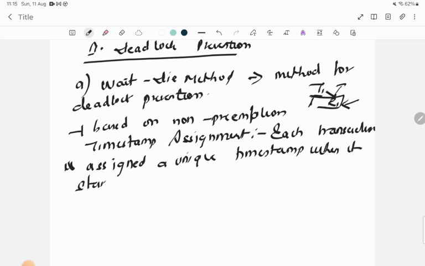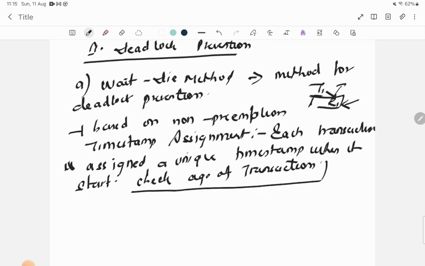Whenever a transaction starts, we assign a time to it, and this timestamp is going to check the age of the transaction. Age of transaction means whether the transaction is a new transaction or an older transaction. So in order to check the age of the transaction, we assign a timestamp.